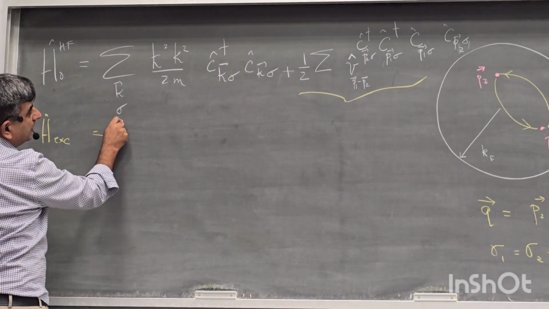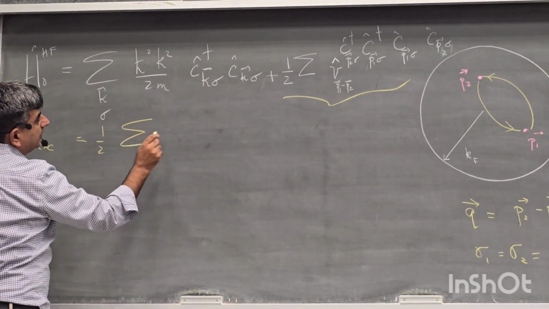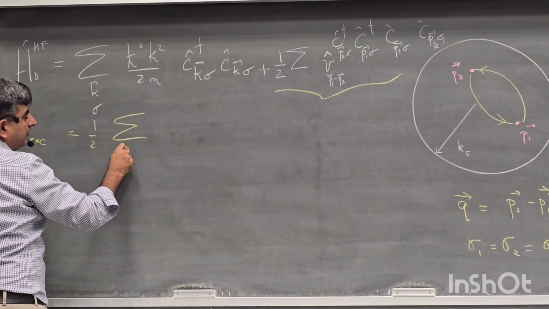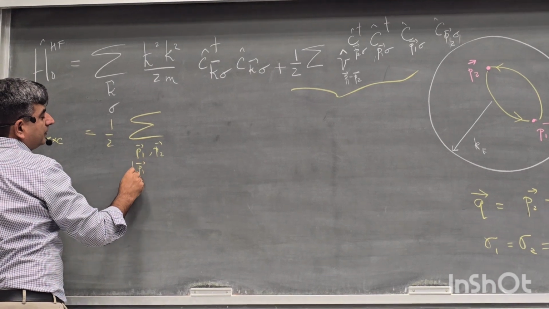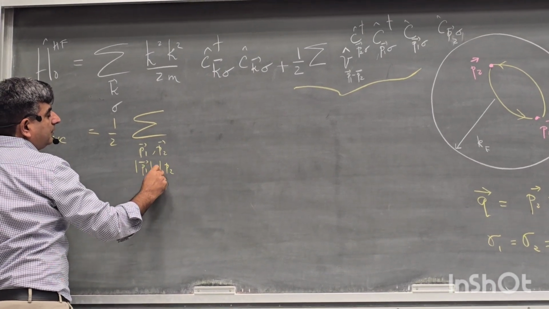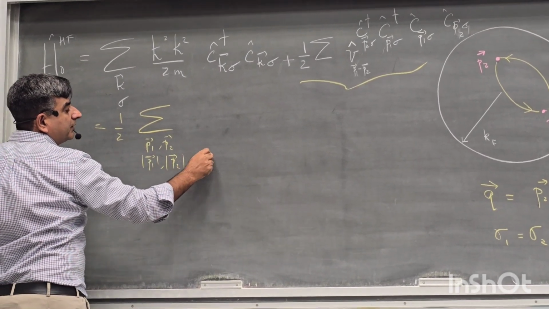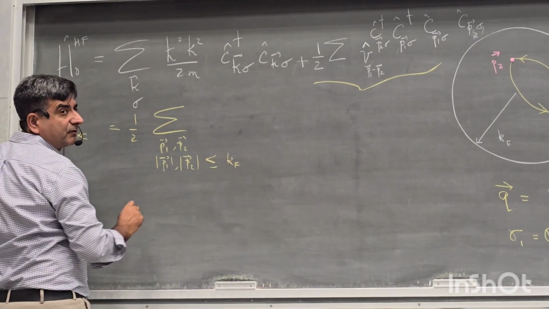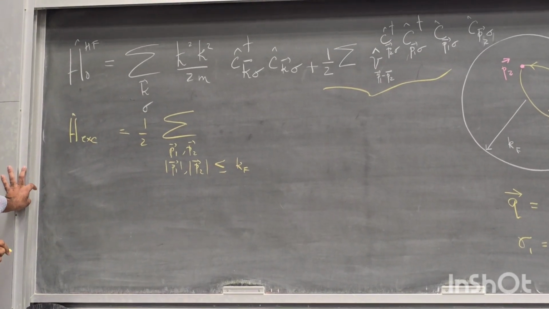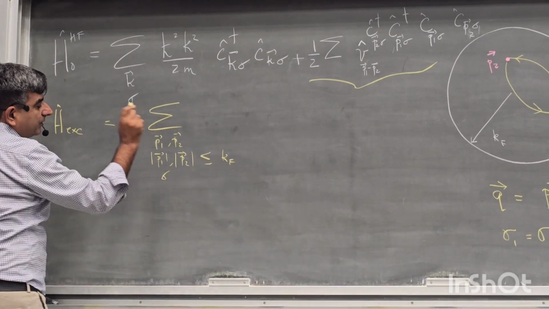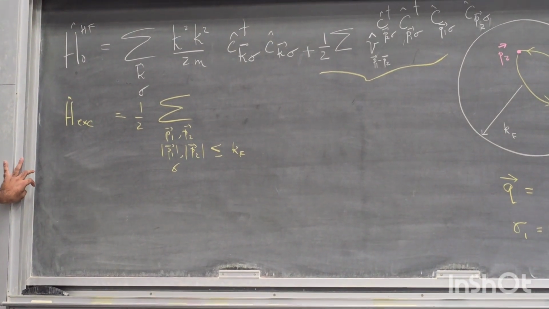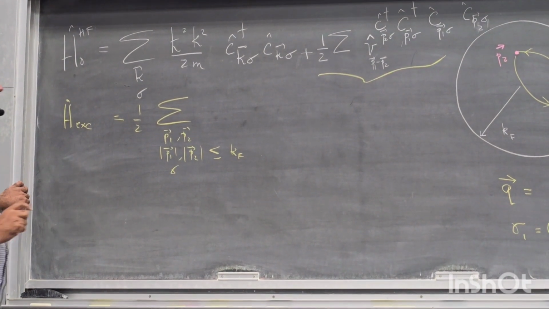So this is one half the sum over P1, P2, and I want to keep both of these smaller than kF in radius. And then I have the sum over sigmas. I do not have sigma 1, sigma 2, I just have sigma.